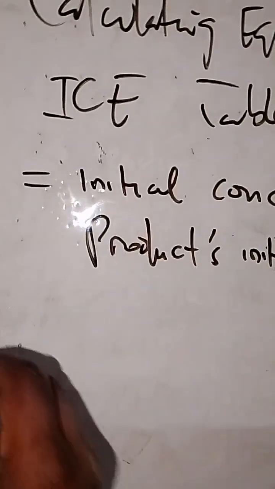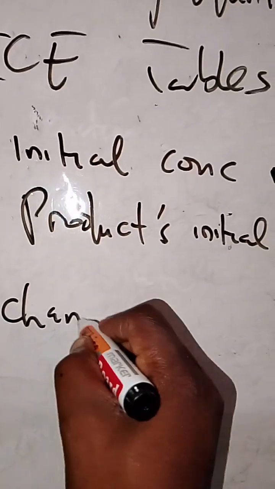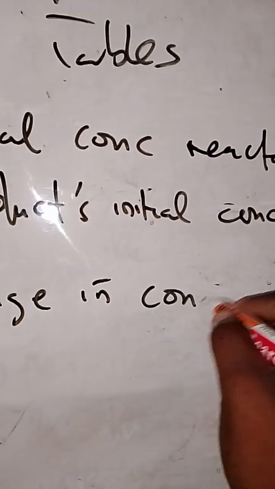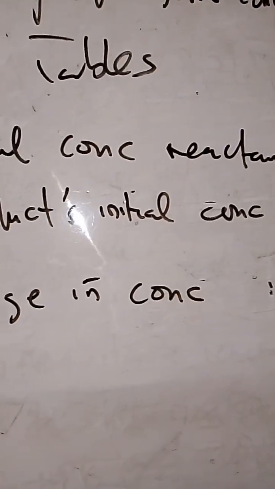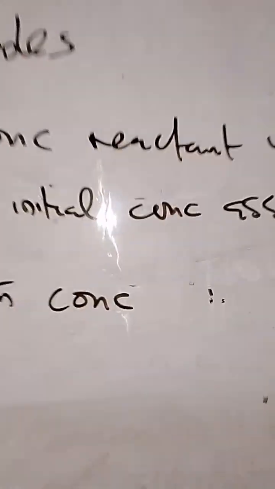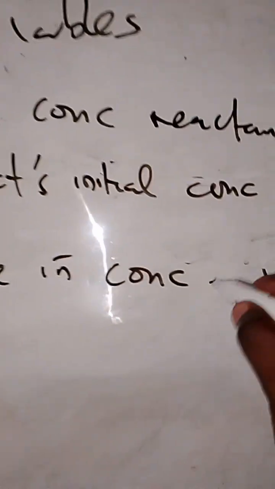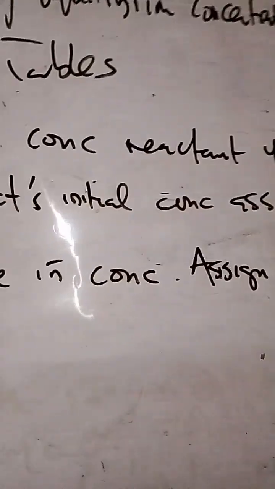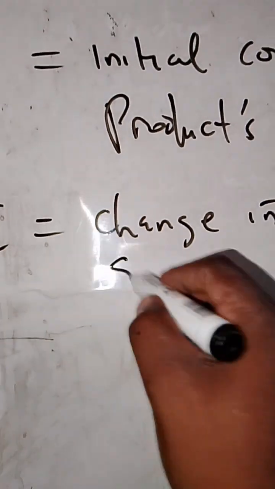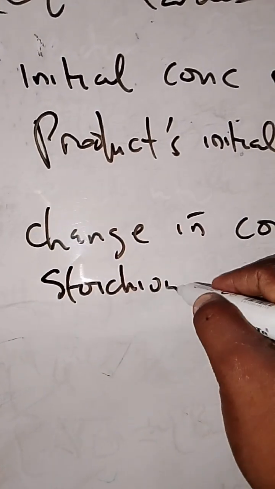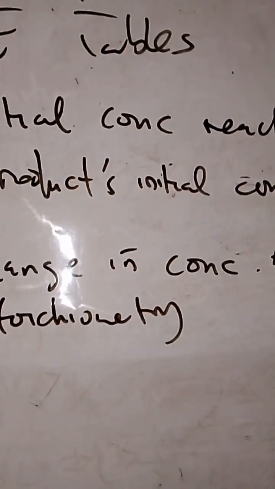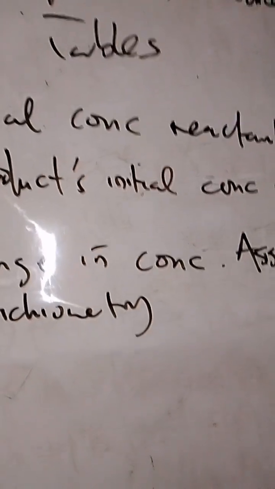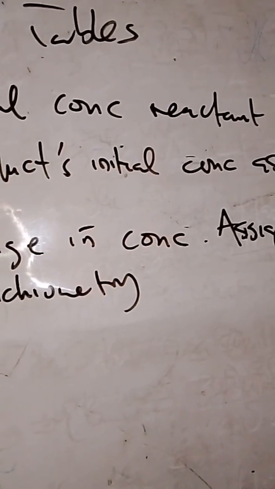Then C is the change in concentration. So we assign a variable X, and we use the stoichiometry of the reaction to assign changes for all species.